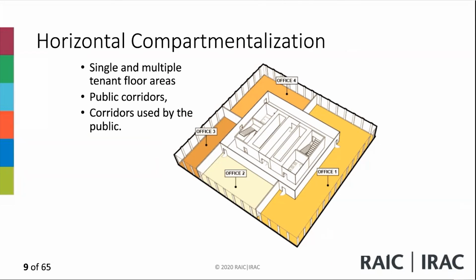So now we're going to take a look at horizontal compartmentation, which is a subdivision within a floor area into different fire compartments that may come from tenant separations, that may come from public corridors. It may be within the same occupancy. You might have some requirements for separation within an occupancy. We know that there is separation of major occupancies.